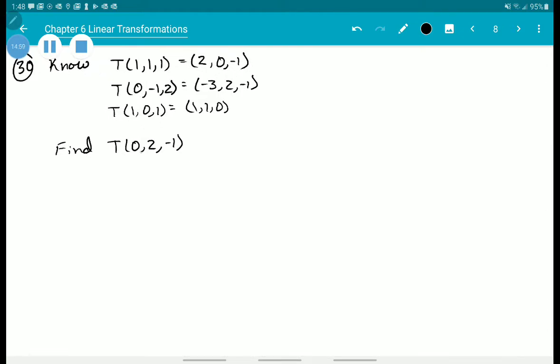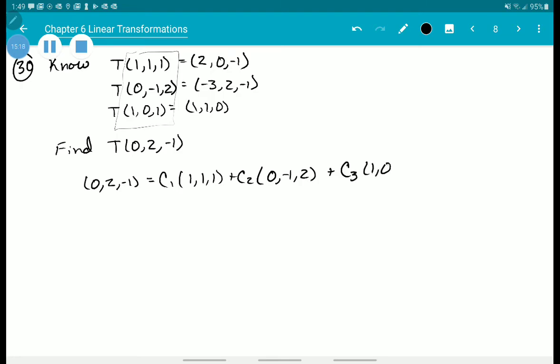Our first step is to figure out how we are going to write 0, 2, negative 1 in terms of the basis vectors here. So that's where we're going to set up that combination. Or if we really wanted to, we could go back to that change of basis idea, going from old basis to new basis and so on.